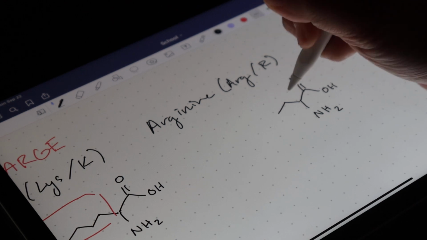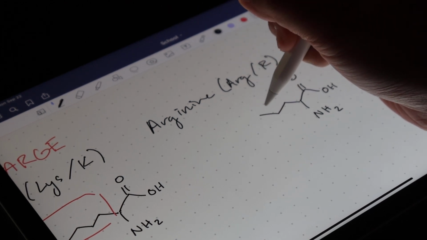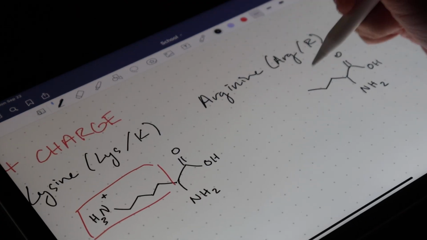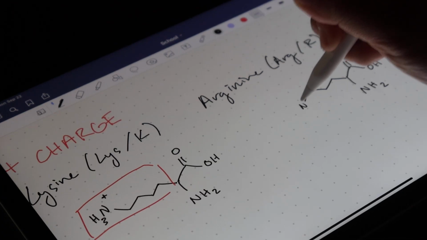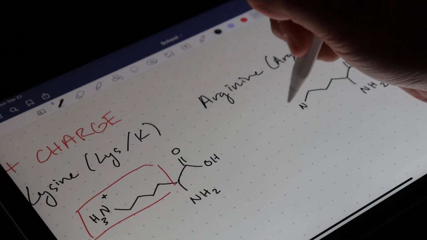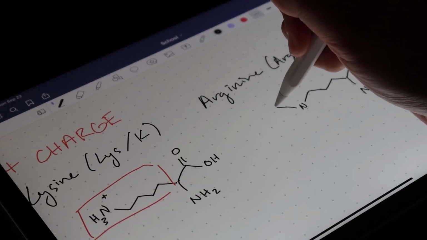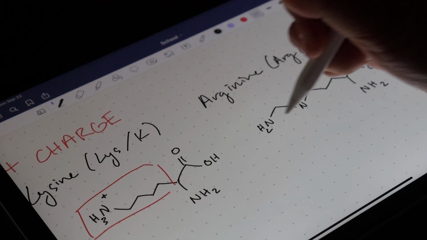We have 1, 2, 3 carbons before connecting it to a nitrogen, and another carbon, which is connected to this amine group.